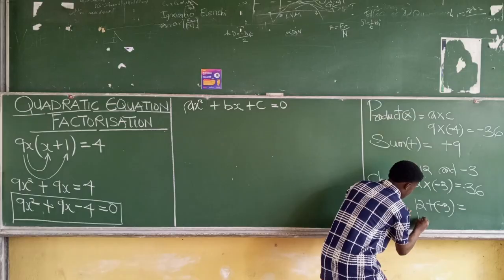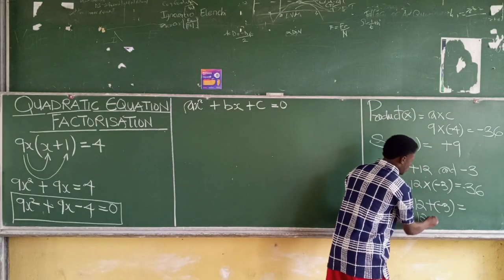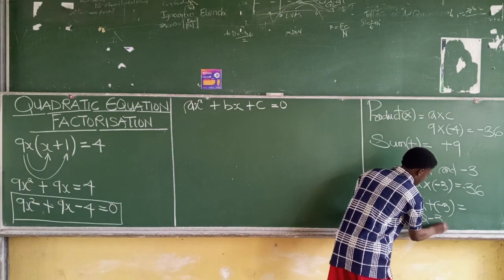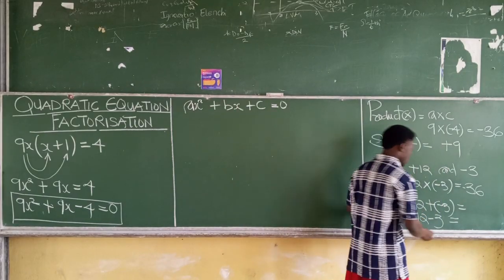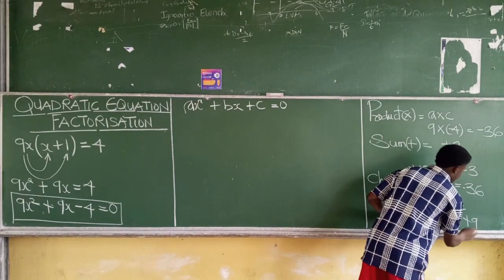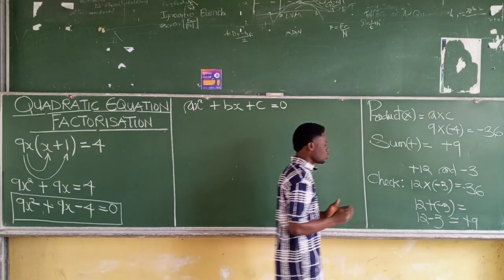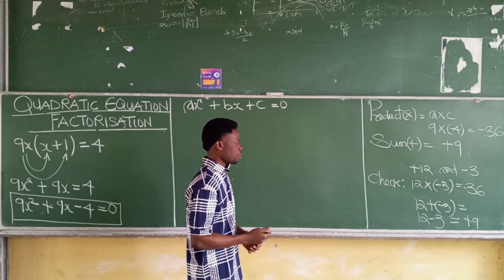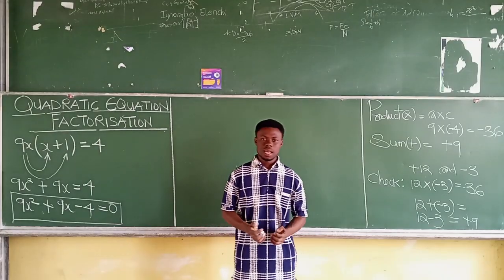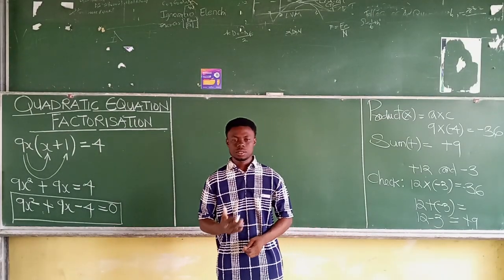Plus times minus gives minus, therefore we have 12 minus 3, which is plus 9. So it has been verified. The two numbers are basically plus 12 and minus 3.